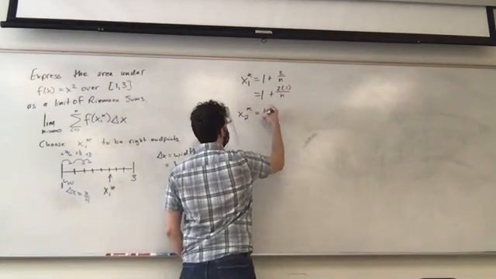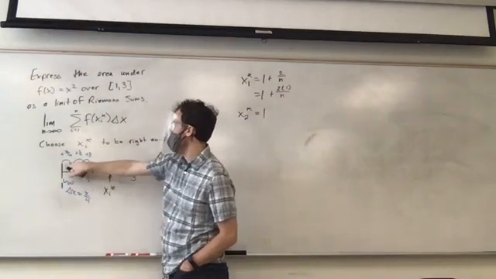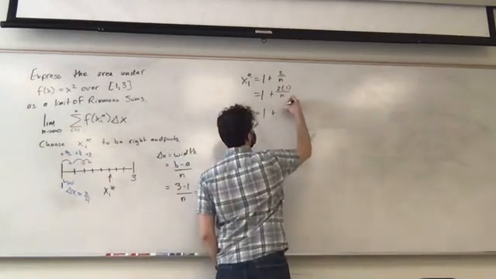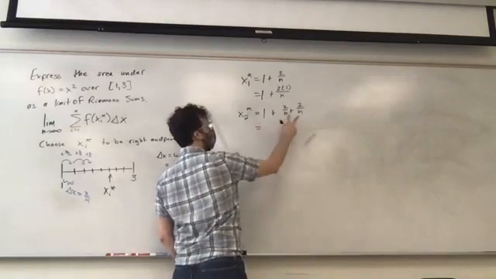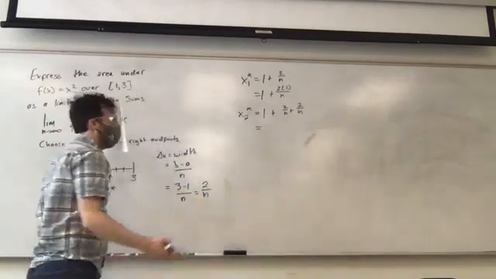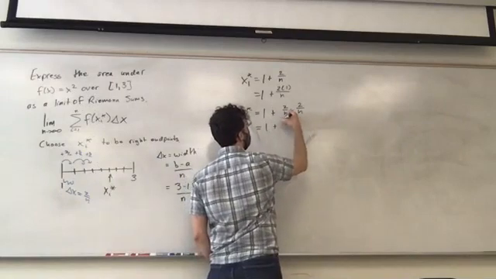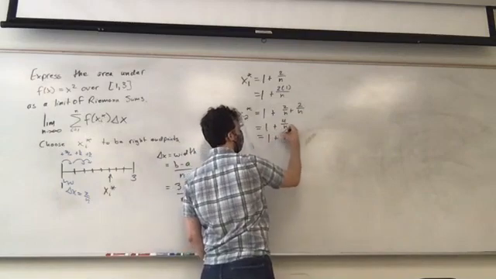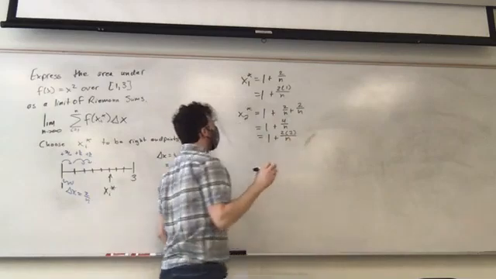The second endpoint, we moved over 2 of these, so we added this 2 over n twice. Which, since these have a common denominator, we can add the tops, is 1 plus 4 over n, or more suggestively written, is 1 plus 2 times 2 over n.